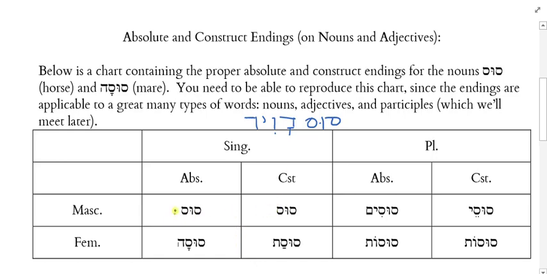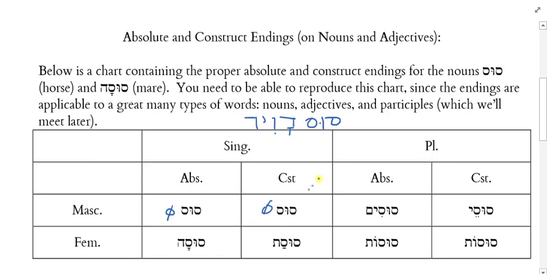Is there an ending on the masculine singular absolute of sus? No. This is a form with zero ending, right? So will I have an ending that I have to change to make it construct? Nope. So there's no change of ending. So sus becomes sus David in the construct form.